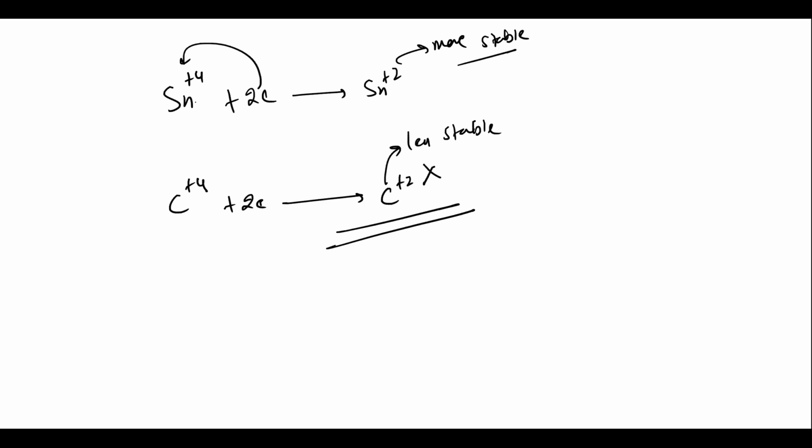So if the element is at a higher oxidation state and gets 2 electrons and is reduced, it acts as an oxidizing agent. Those elements at higher oxidation state act as oxidizing agents, and those at lower oxidation state act as reducing agents.